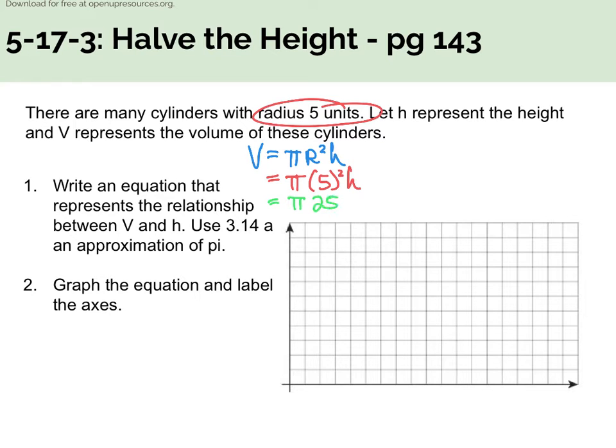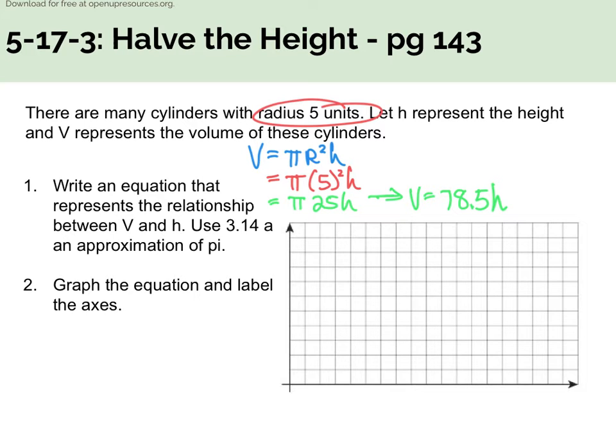That's 25. And then H. And then it told us to use 3.14 for pi. So let's take 25 times 3.14, and we are actually going to get our volume 78.5, and then H. So this is our equation for number 1. We're going to have V equals 78.5H. That's our equation. Now you need to go ahead and graph it.